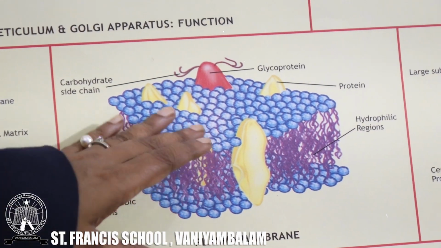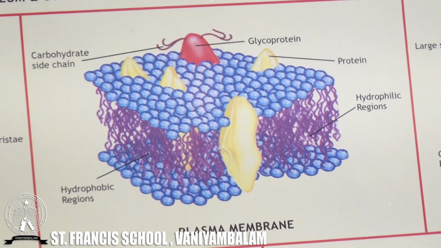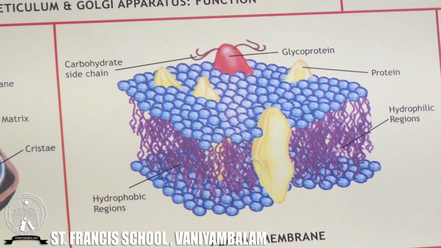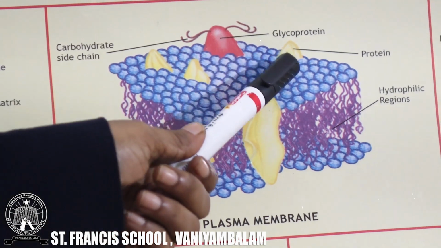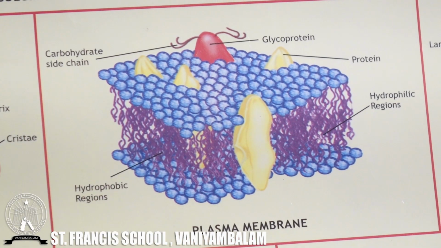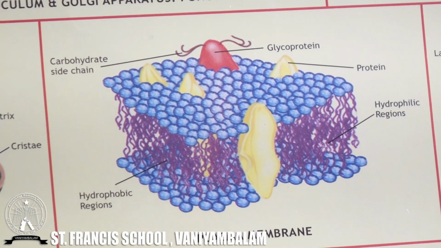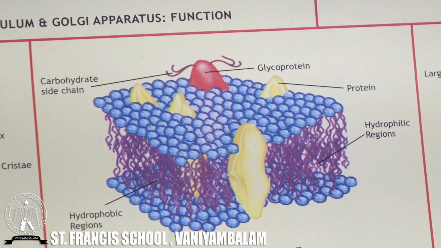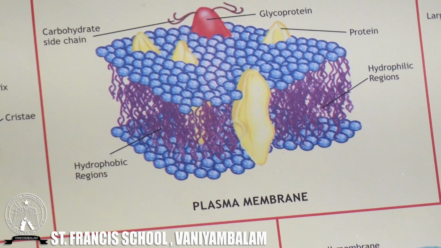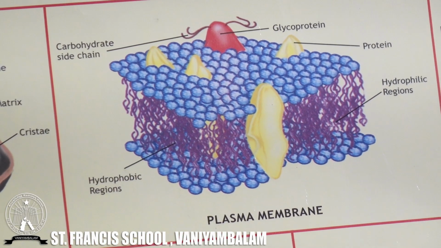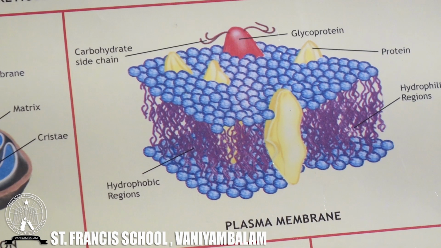Like this, 3 layers are there in the plasma membrane, which consist of lipids and proteins, glycoproteins, proteins and lipids. Lipids means they are a different type of fats. Okay, lipids means fats. So this plasma membrane is made up of proteins and lipids, and this plasma membrane is flexible.